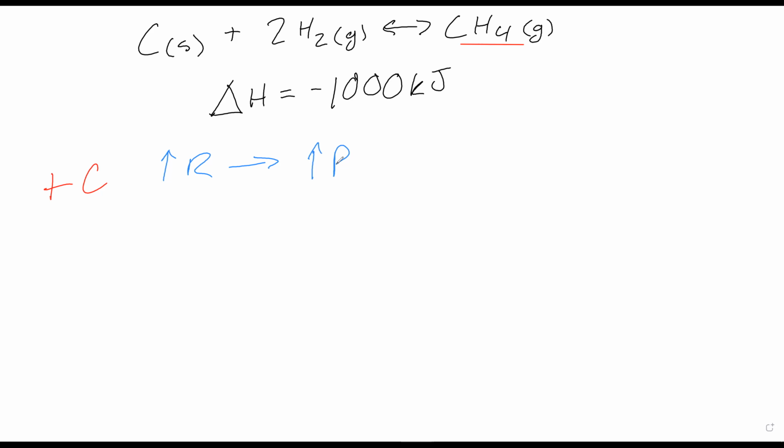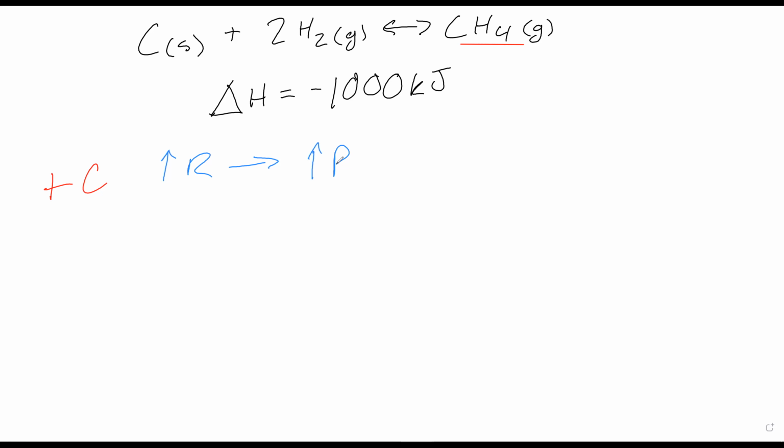If you imagine a giant cube of carbon surrounded by H2 molecules, that's more surface area for the H2 to come into contact with, which will increase the rate of reaction, which will increase the amount of CH4 that you're getting. Does that make sense? Makes sense. All right, cool. So that's our scenario A.